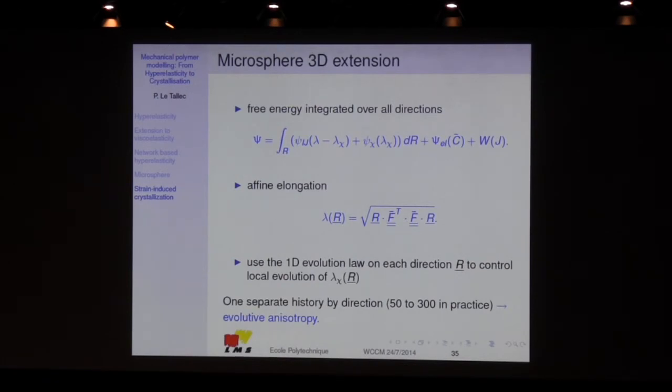That means you have one separate history on each direction, which means you will create anisotropy as you wish next to the crack tip. Number of directions: 50 to 277, which is a magic number for integration on a sphere.